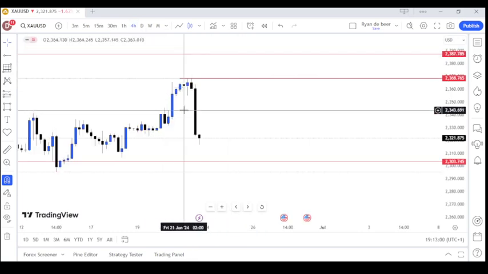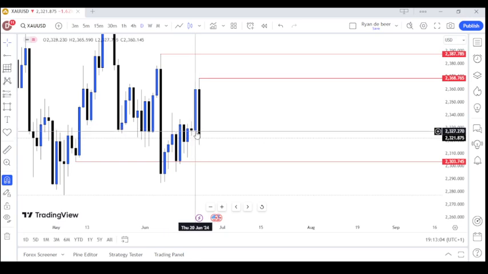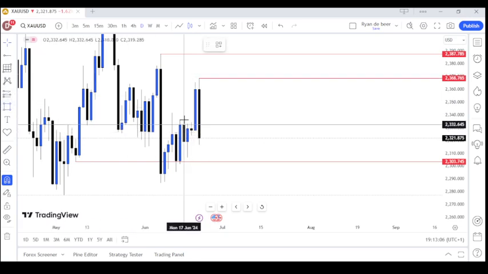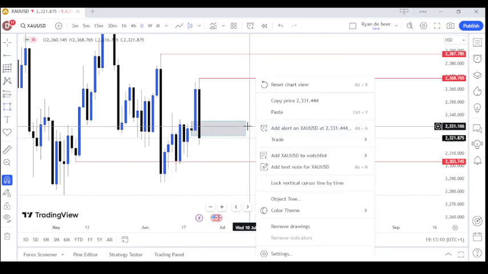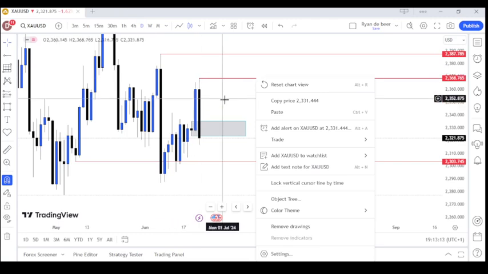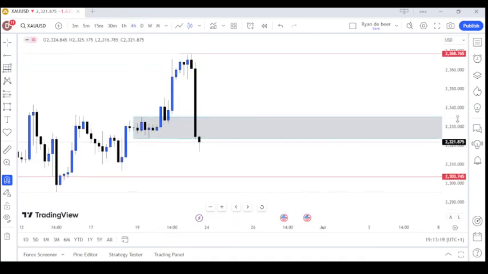As you can see on the 4 hour, we did get a break of structure to the downside, confirming a retrace into this bullish order block. Just keep in mind, this is a bullish order block on the daily. 4 hour. Okay, cool.